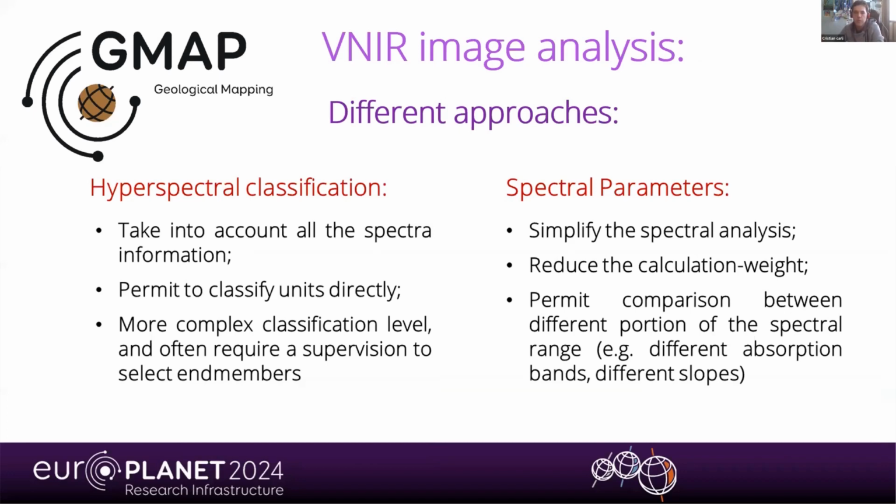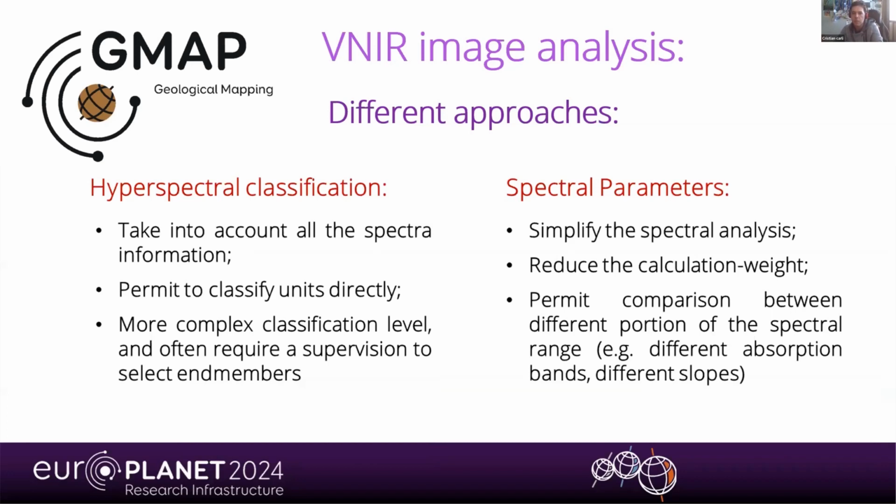The former is generally stronger when you are able to classify the surfaces, giving a fingerprint for each unit that you can separate, which permits reclassifying all the units and combining them in just one spectrum that summarizes the information or the important absorptions that you have in that area.